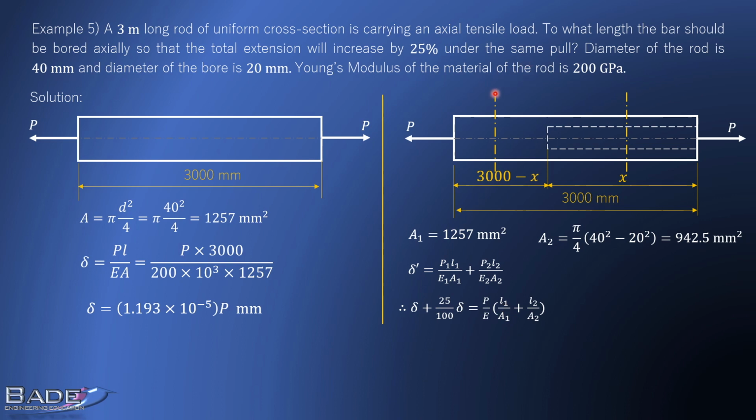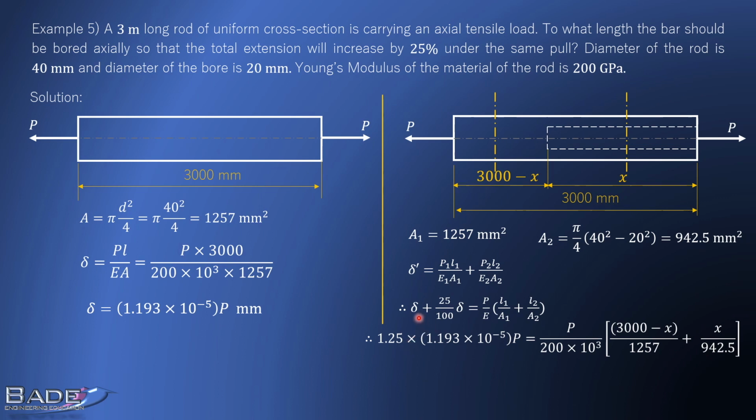Load on this bar is P, load on the second portion is also P tension, so load is the same and is a common factor. Young's modulus of this entire bar is the same, so it is a common factor. Lengths are different, so we put length L1 as 300 minus x and length L2 as x.